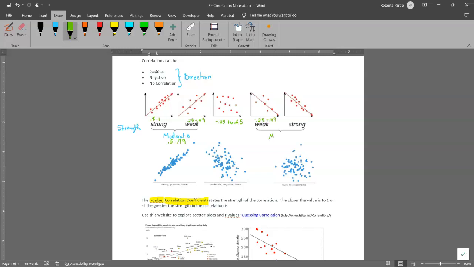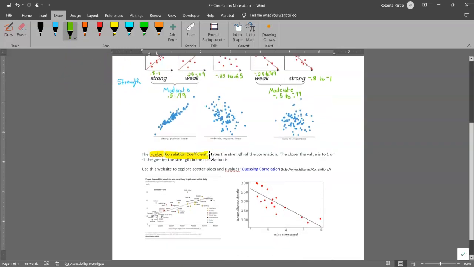A moderately negative correlation, again, would be negatives of the positive values, so negative 0.5 to negative 0.79, and a strong negative correlation is negative 0.8 to negative 1.